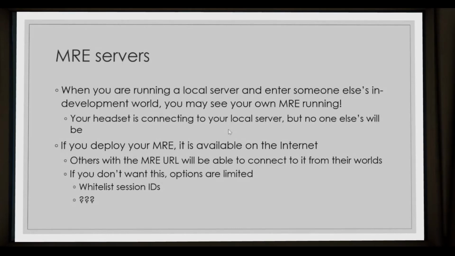I haven't been through that. This is just an idea I had for how I might do it if I wanted to do something like that. That session ID, that bunch of random letters that automatically get added when you add the SDK app to your world, you might, for instance, whitelist some of those and make sure to include those in your world.